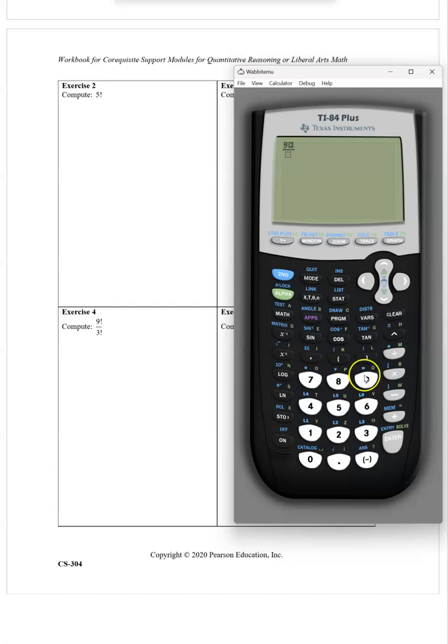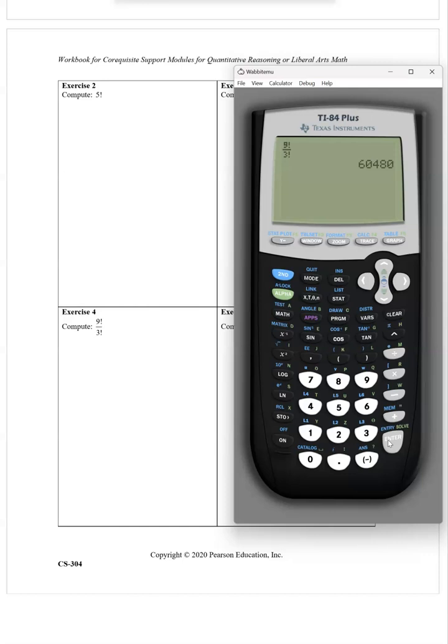You put 9, then math, 1, 2, 3, 1, 2, 3, and then enter, and it's just going to put it up there. Don't hit enter again yet. You want to go to the bottom and do your 3, math, 1, 2, 3, 1, 2, 3, enter. Now you have your 9 over your 3 factorial, and then you can go over and hit enter and see what it is.